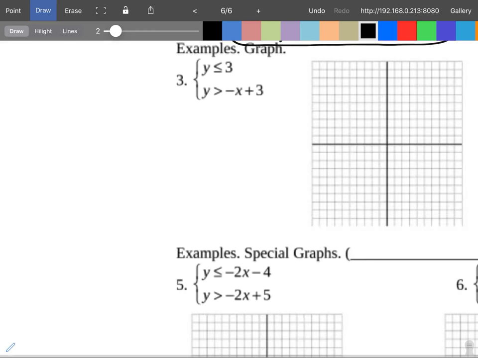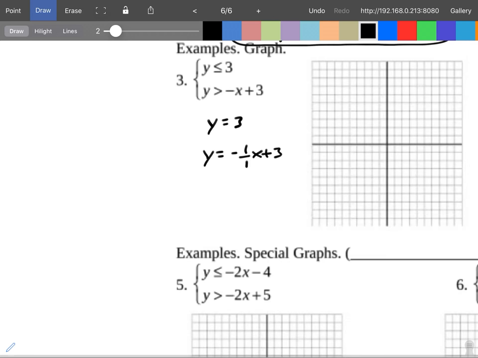So the first thing I told you guys to do on these linear inequalities is change the inequality signs to equal signs. And that was to help you locate your line. So the top inequality is going to become y equals 3. And the bottom one is going to become y equals negative 1 over 1x plus 3.